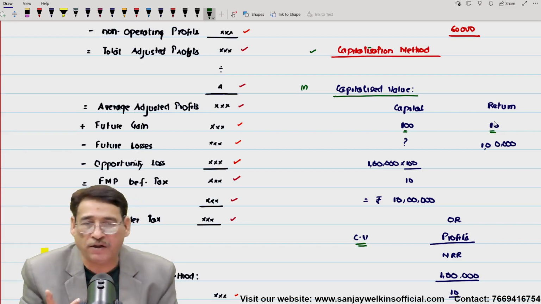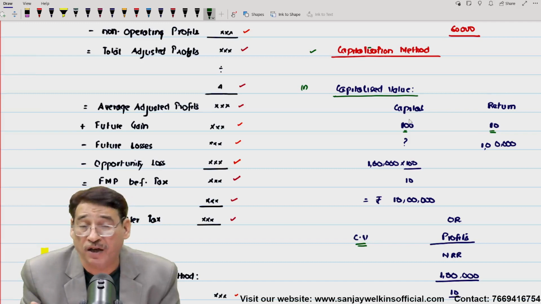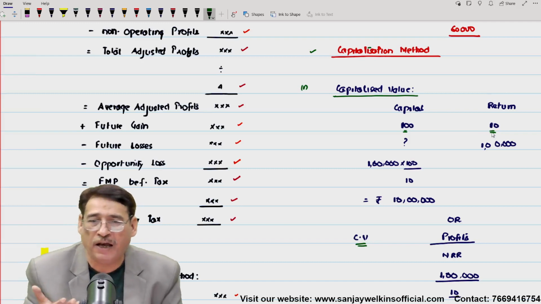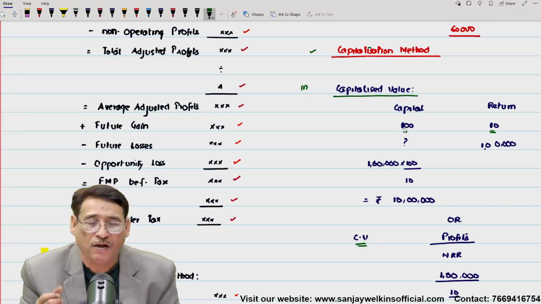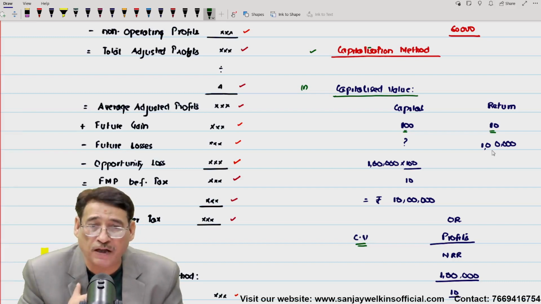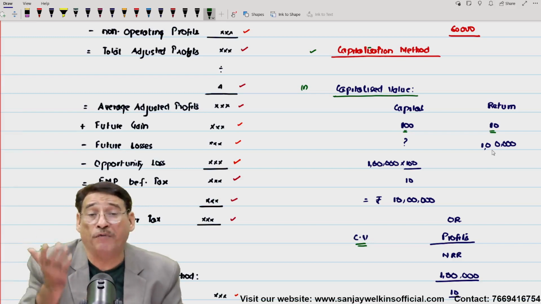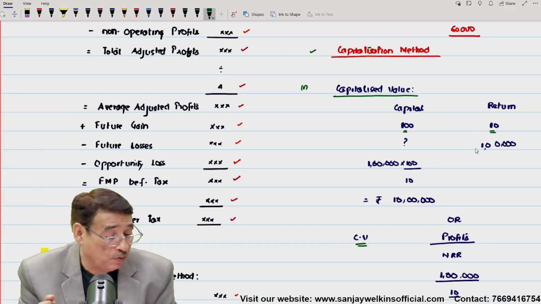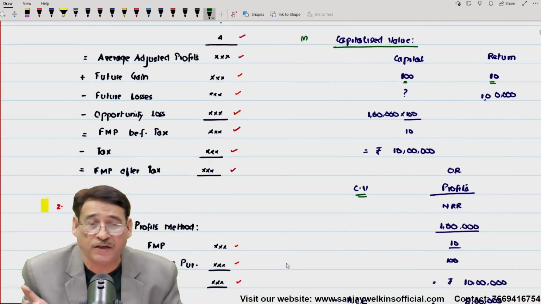As per the industry pattern, if you expect to have a return of 10, you will have to invest 100. That means in order to get a return of 10, we need to have a capital of 100. Now, because our profits are 1 lakh, in order to earn 1 lakh, what amount of capital will be required? So 1 lakh into 100 divided by 10, you can see we are getting 10 lakh.